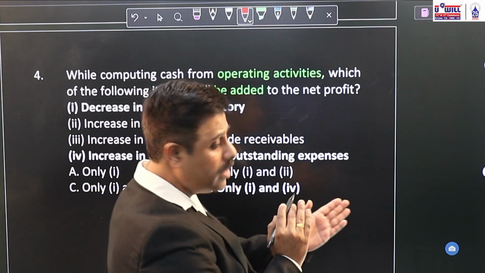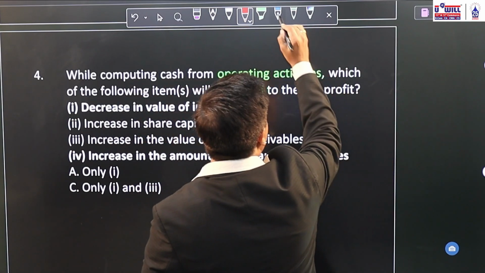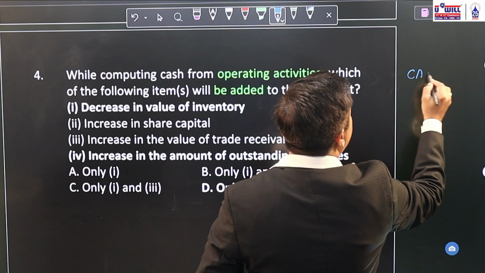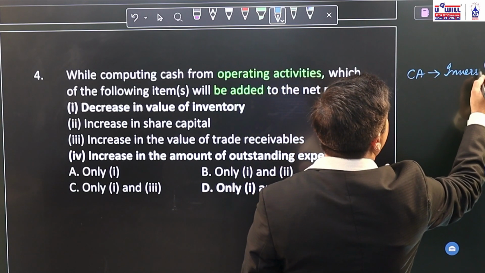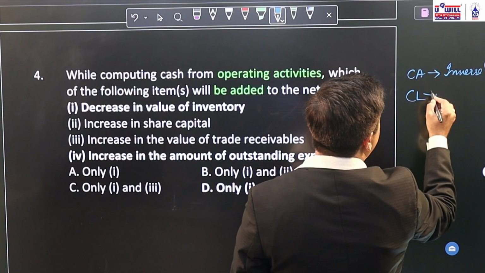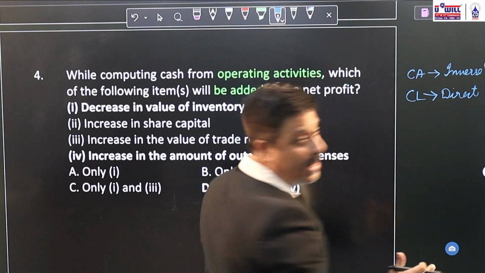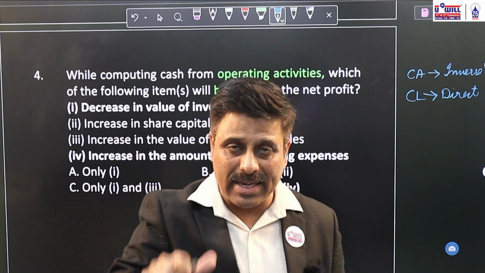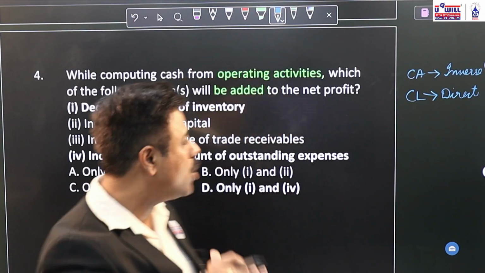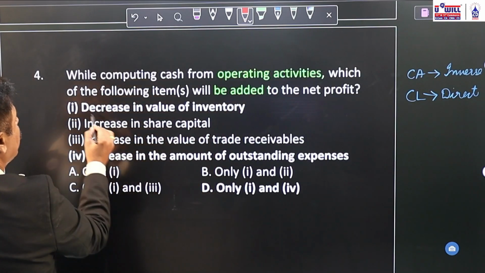We have studied that when we find cash flow from operating activities, current assets have inverse relation and current liabilities have direct relation. Means if current assets increase, then operating cash flows will decrease. If current assets decrease, operating cash flows will increase. Having inverse relation, what will be the value?